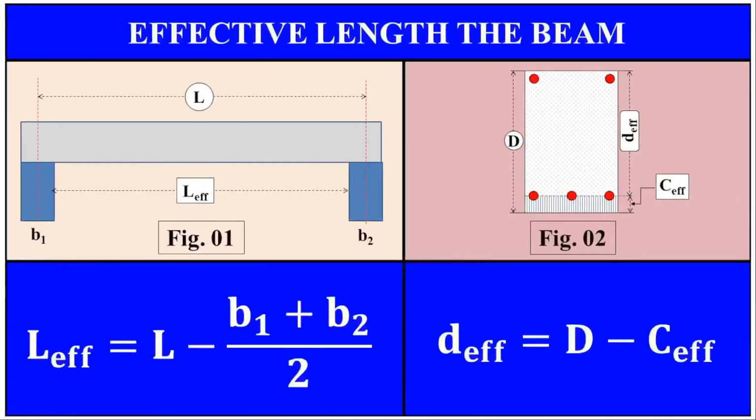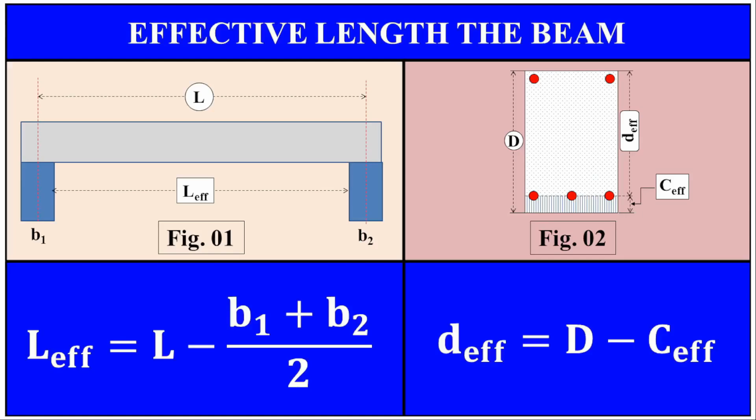In our previous video, Excel for IS-456 beam design deflection limits and checks, Part-05, we discussed the concept of effective length for deflection checks. Today, I want to present a brief corrigendum, or clarification, to ensure our calculations are in full compliance with IS-456:2000.